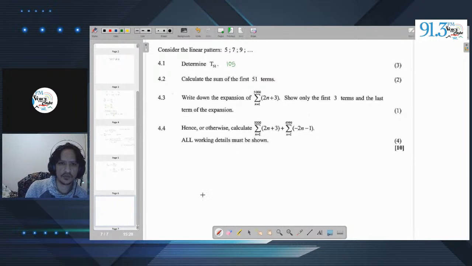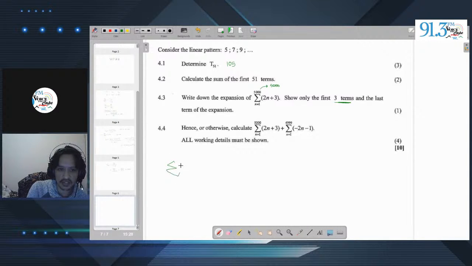So if we look at 4.3, what this is telling us, so only for the first three terms and the last term of the expansion. So we know that the last term is going to be a value of 5,000 for n. We know that. And the first three terms starting at 1 is going to be 1, 2, and 3. So if we look at this, this is basically going to look something like this.